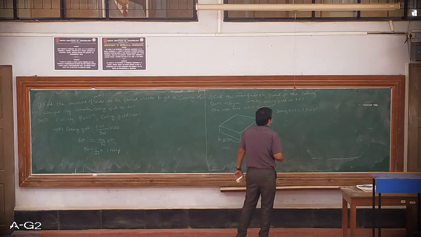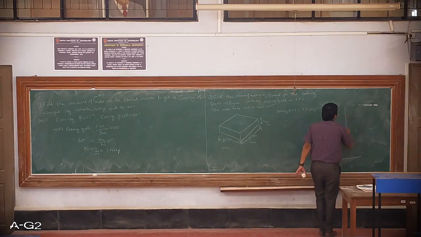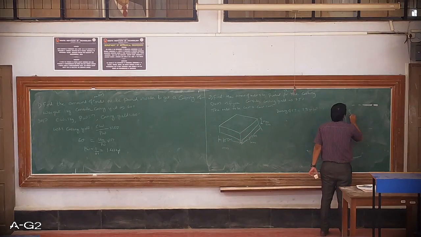The density of metals is very important. For aluminium, density is nearly 2.7 grams per centimeter cube. For cast iron, as I mentioned, it is 7.3 to 7.8 grams per centimeter cube. For steel, it is 8.05 grams per centimeter cube.